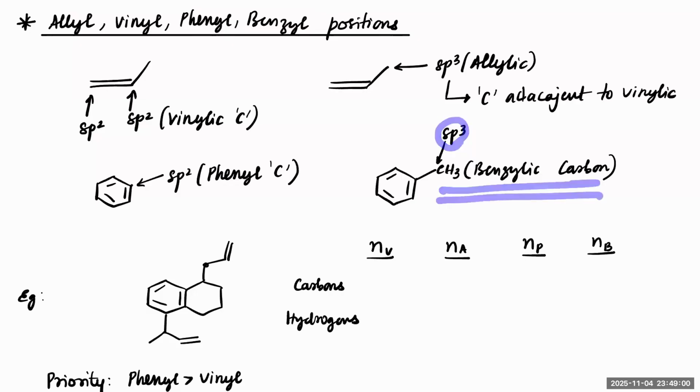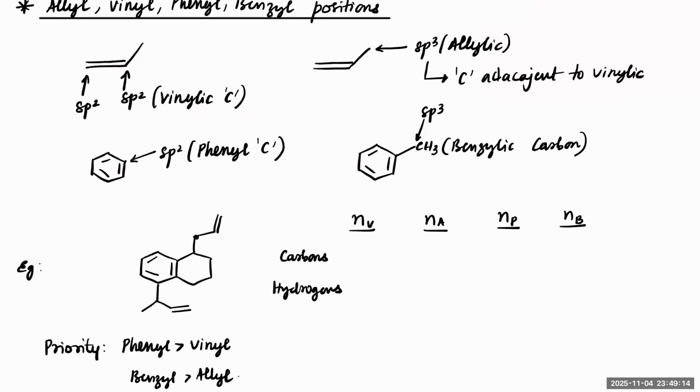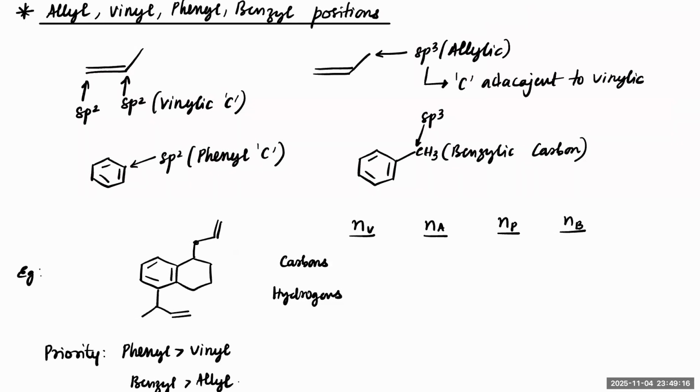So from phenylic it has become benzylic carbon. This is something very important to understand, that allylic and benzylic can only be viewed when it is an sp3 carbon connected directly to an sp2 carbon.